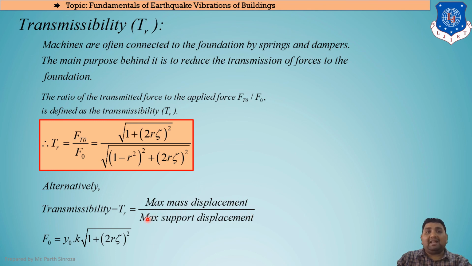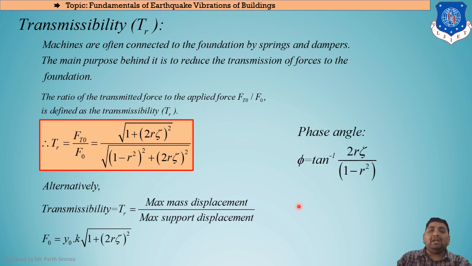For this case, our F0, that is our applied force, will be equal to Y0, that is our initial displacement, into K, that is the stiffness, into under root of 1 plus (2r zeta) whole square. So this will be the equation that we'll be looking at regarding the transmissibility of forces.